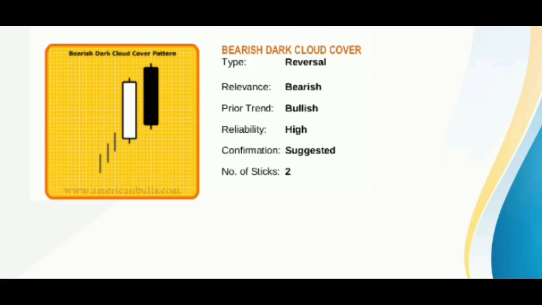We see a strong white real body on the first day. The second day opens strongly above the previous day's high, above the top of the upper shadow. However, the market closes near the low of the day and well within the prior day's white body at the end of the day.